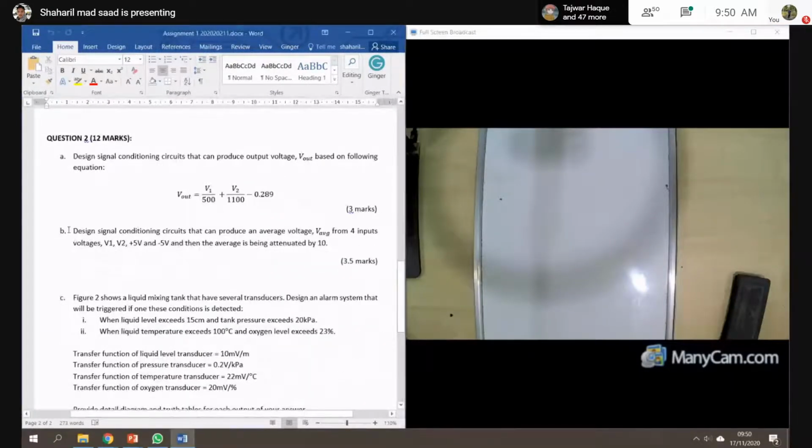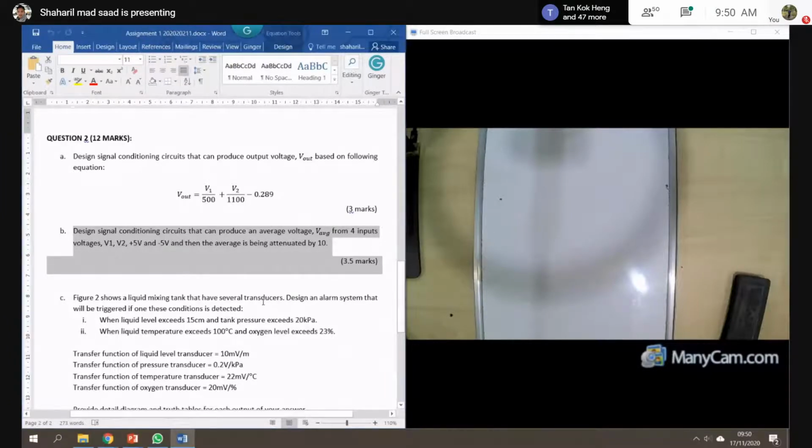The question here: design signal conditioning circuits that can produce an average voltage V average from four inputs, voltage V1, V2, plus 5 volt, minus 5 volt, and then the average is attenuated by 10.